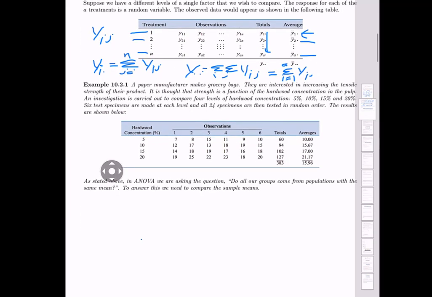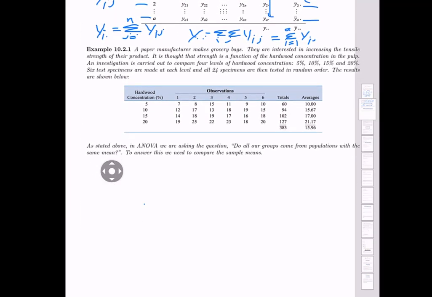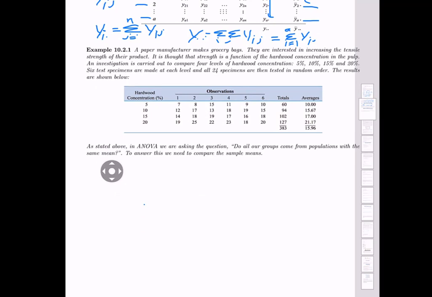So let me apply this notation to this example. In this example, you see there are 4 groups: 5%, 10%, 15%, 20%. These are the observations of the 5%: 7, 8, 15, 11, 9, 10. Let me explain this way. Y23. What is the Y23?